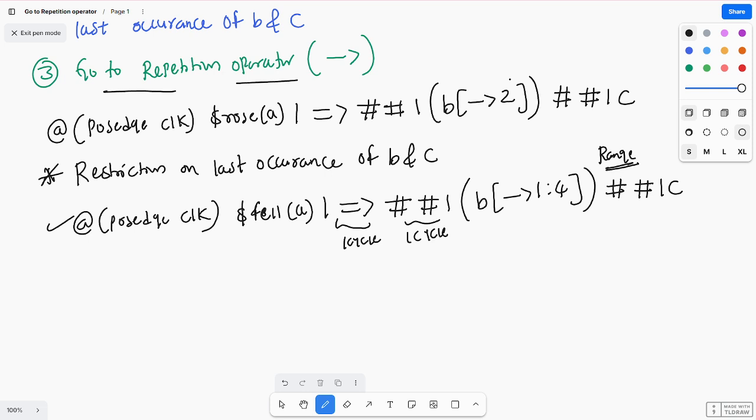In non-consecutive repetition operator, there is no restriction on the occurrence of B and C. Either B and C is 0 or 1, my assertion will pass. But in the go-to repetition operator, there is a restriction on B and C. Compulsorily it should satisfy the condition of B and C, then only my assertion will pass, otherwise it will fail.